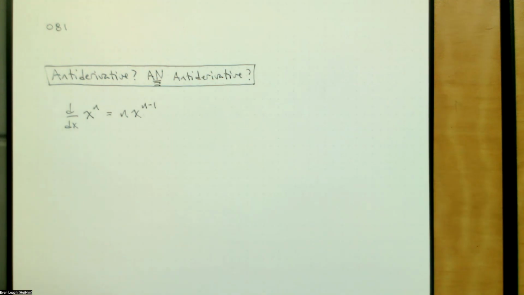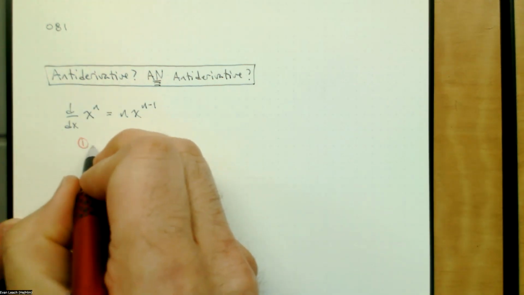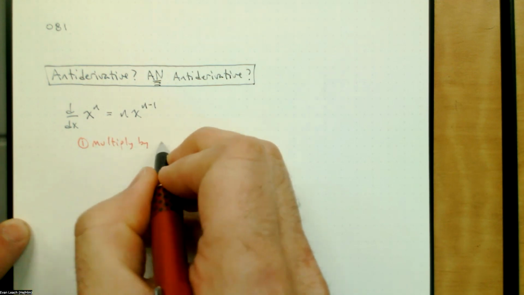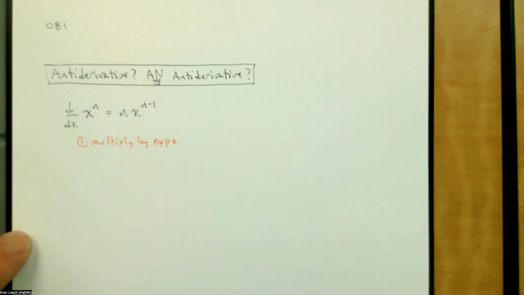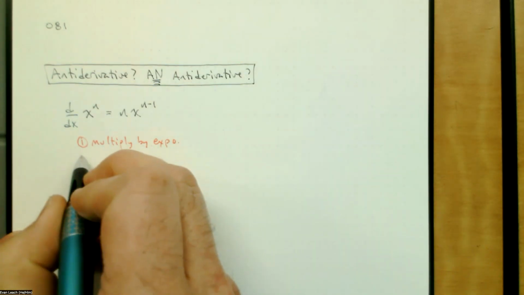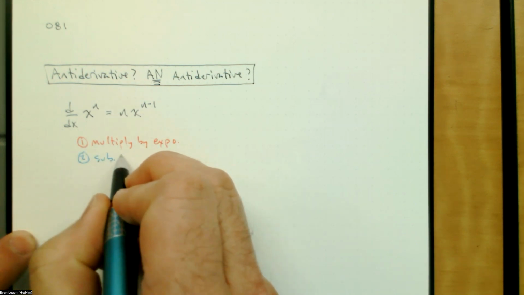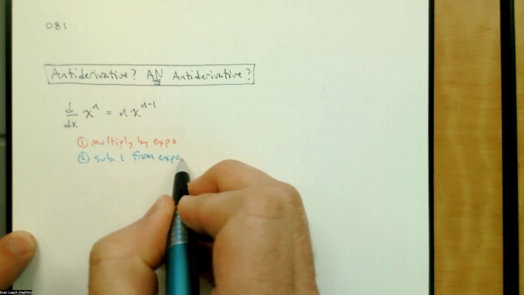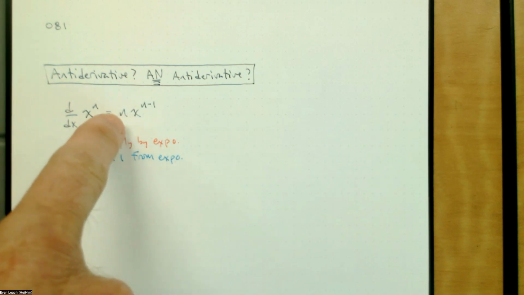First, we multiply by the exponent. And second, we subtracted 1 from the exponent. And we did it in this order. First step, multiply by n.